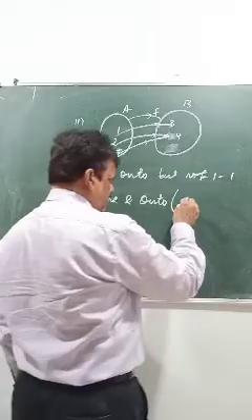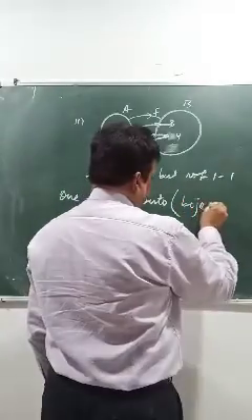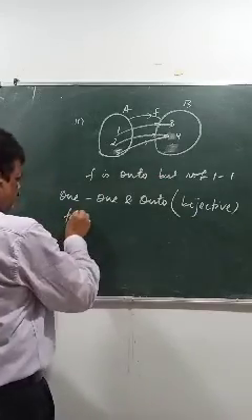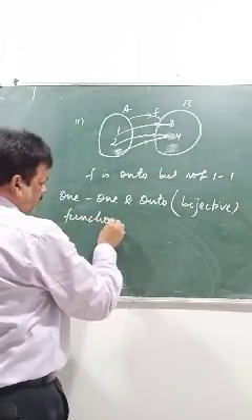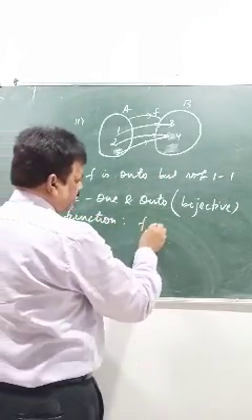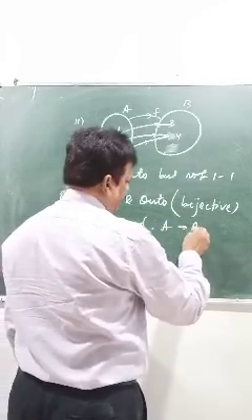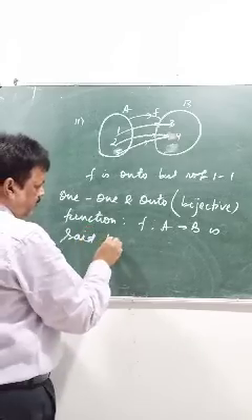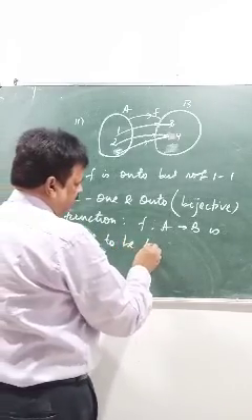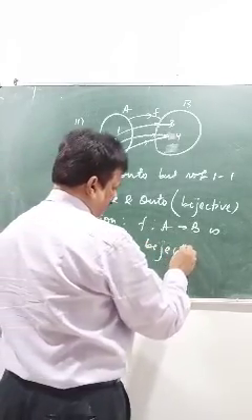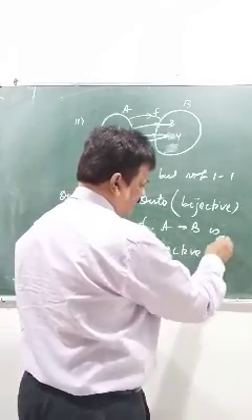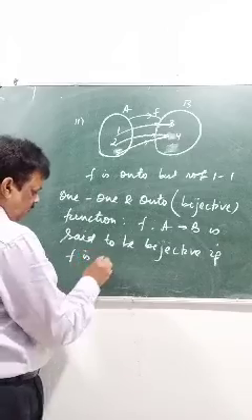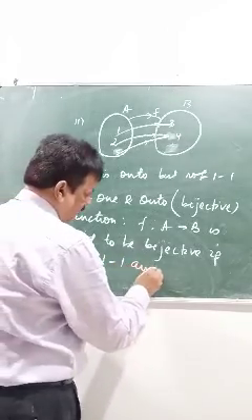This meaning is bijective. A function f from A to B is said to be bijective if f is 1-1 and onto.